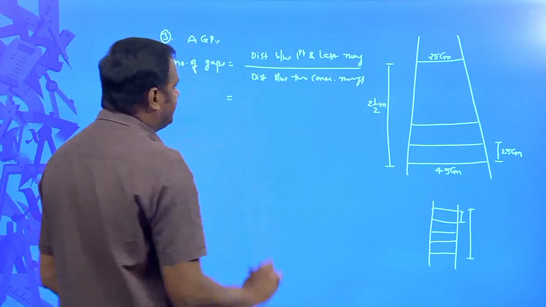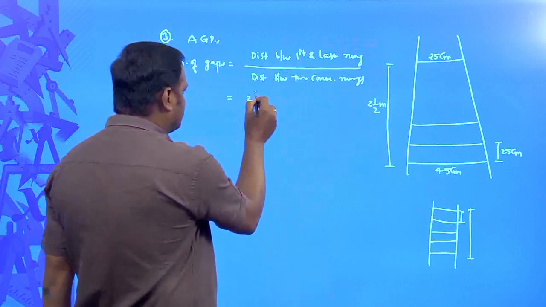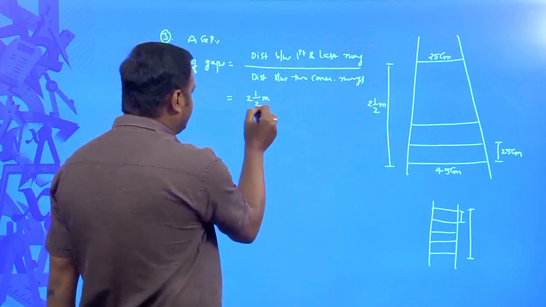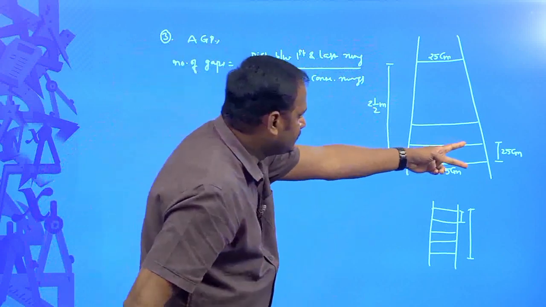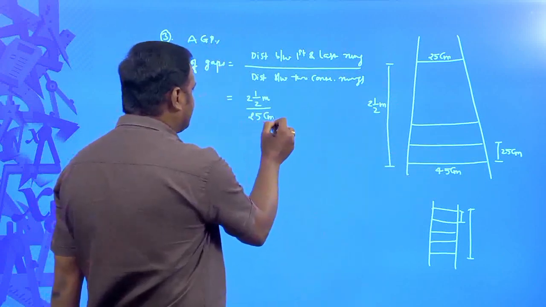So, the distance between the first rung and the last rung is 2.5 meters. So, 2.5 meters divided by the distance between two consecutive rungs, which is 25 centimeters, right.